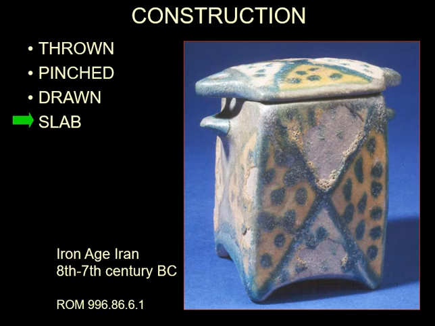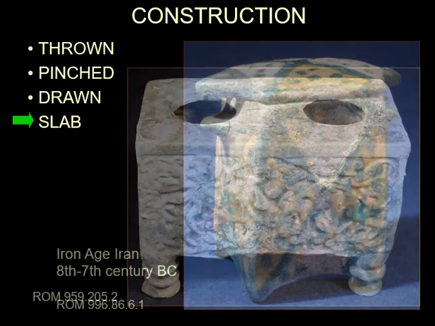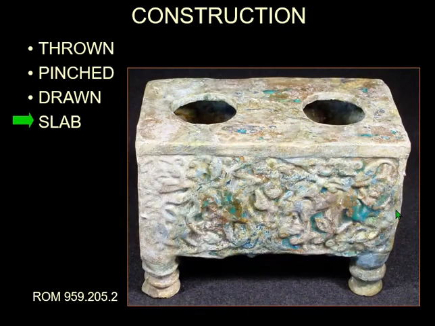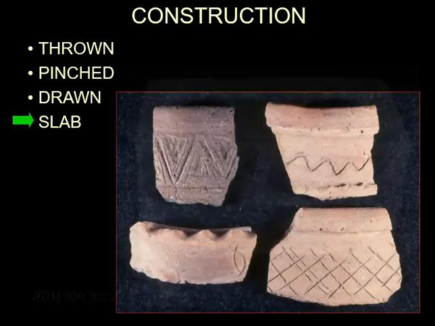That is pretty self-evident in some cases when you look at a square vessel, an orthogonal vessel like this. Or one like this, you see. So clearly this has not been thrown on a wheel, it's not been made any other way. These are slabs which have been put together.